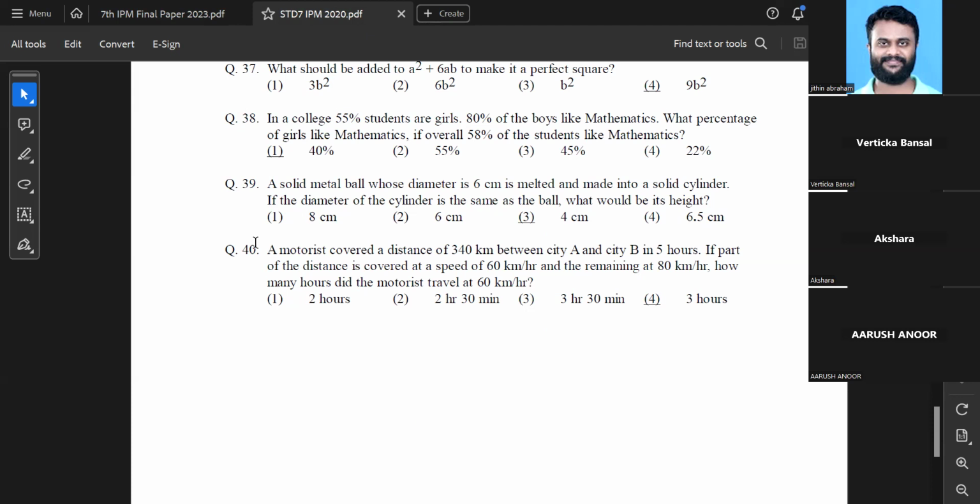Only the 40th sum is solved, 38th and 39th are not solved. So in that case, my dear child, since the 40th problem is already solved, I suggest you look into the solution given by Ajinkya sir instead of solving it yourself, or just go through the recording which Ajinkya sir has already taught to you guys. Let me know if there is a query in that. Okay, thank you.